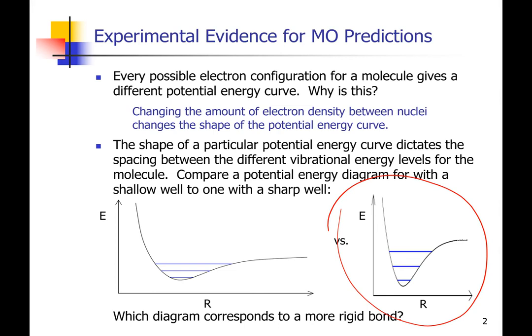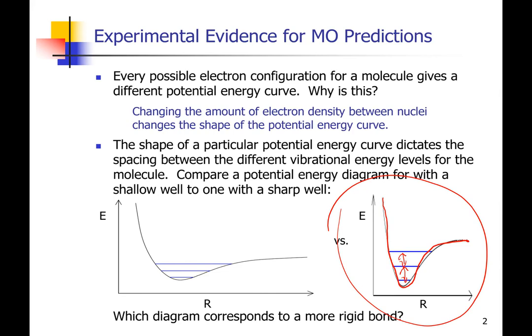What we see in that potential energy curve is a very sharp well here. It's a very deep hole, so to speak. And there are quite large energy gaps here between the different vibrational energy levels.